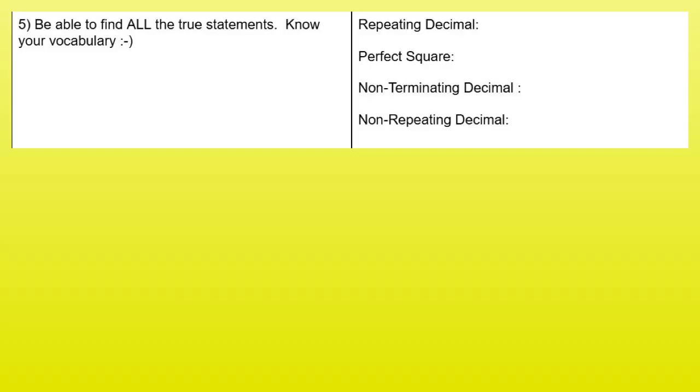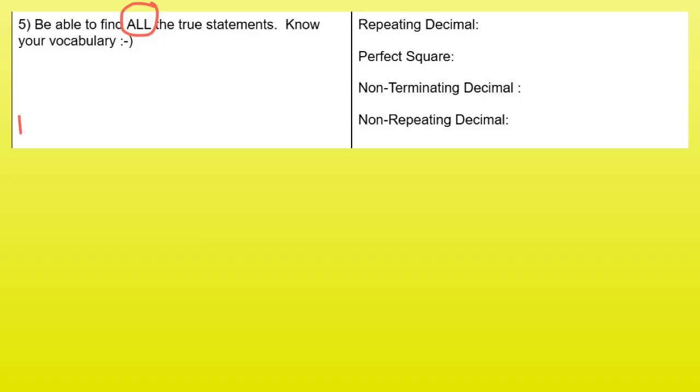All right, on number 5, it's going to be kind of a vocabulary kind of question. So be able to find all the true statements. Oh goodness, if you ever see find all, I am telling you there is more than one answer. All right, so I already can tell I feel like I'm going to have troubles with space here.